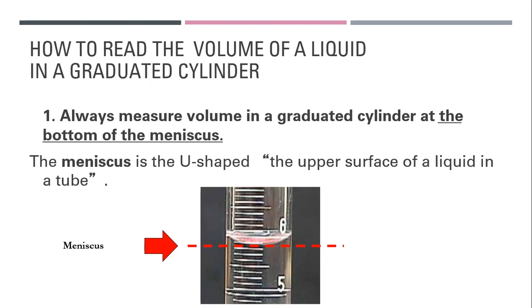In order to get the measurement correctly, you just need to look at the bottom of the meniscus and not at the top. This always happens in water. While mercury, as I have already explained, forms another meniscus, and this time you look at the top of the meniscus, but this information you don't have to study.